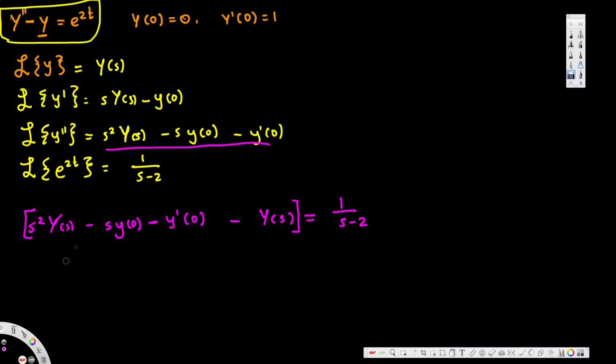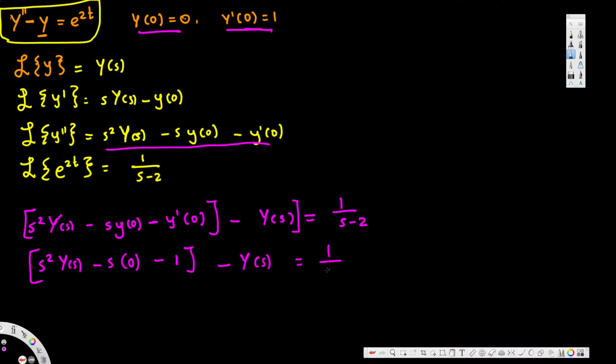We have the initial values provided: y of 0 is 0, y prime of 0 is 1. So we have s square y of s, and here s times y of 0 is 0, so I put 0 right here, and minus y prime of 0 is 1, so I put 1 right here, and here we have y of s, that remains the same.